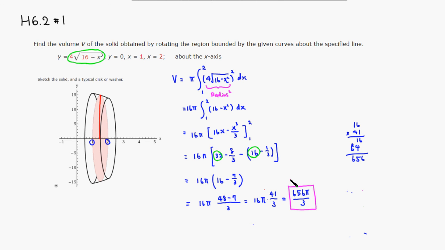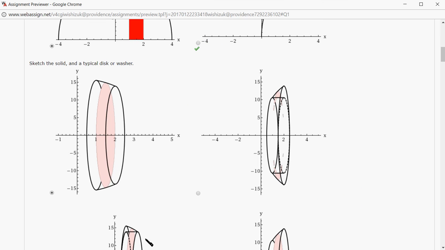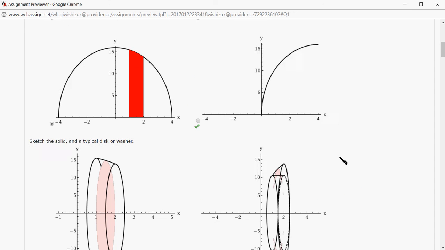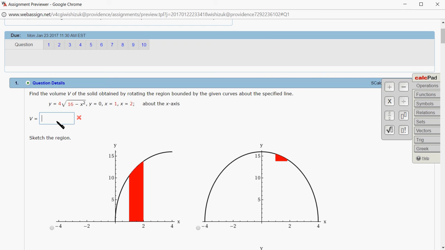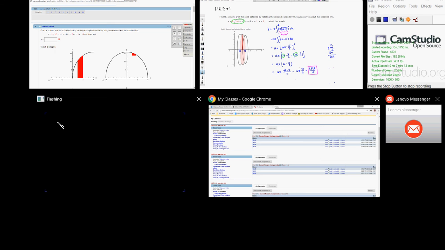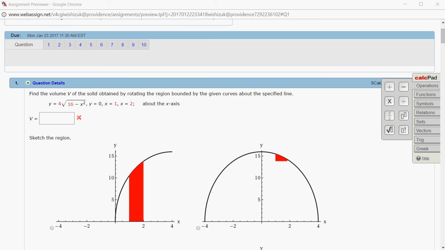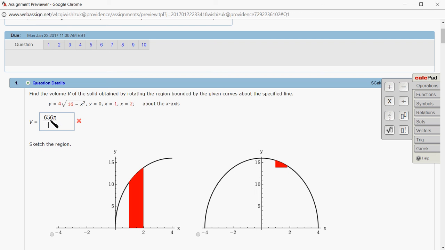So let's type it in. What we got was 653. Oh, actually, whoops, sorry. 656 pi over 3.